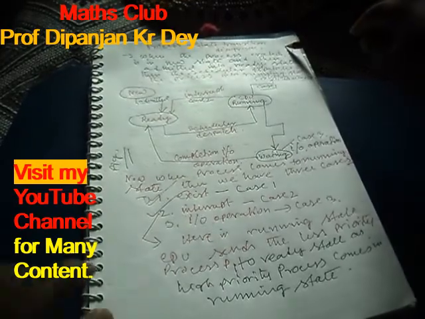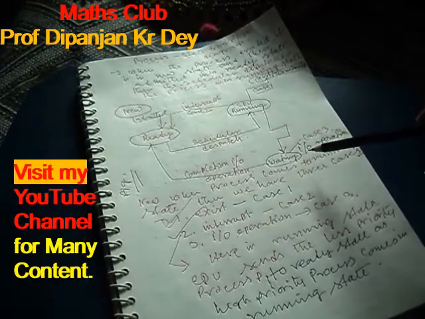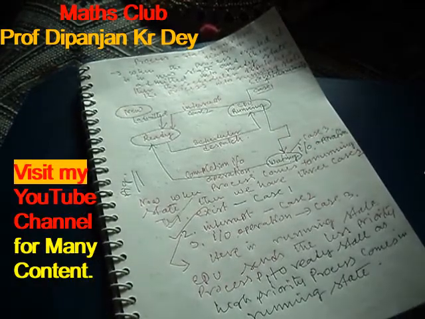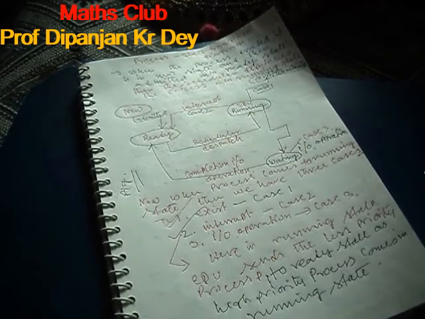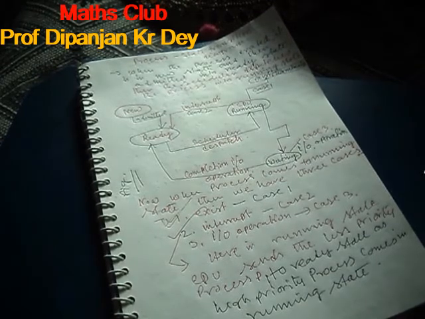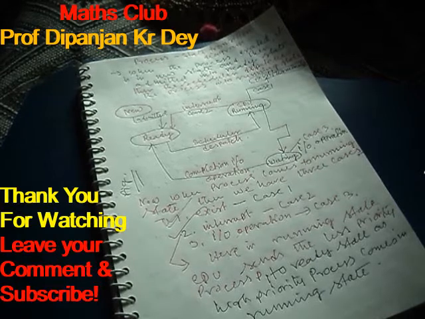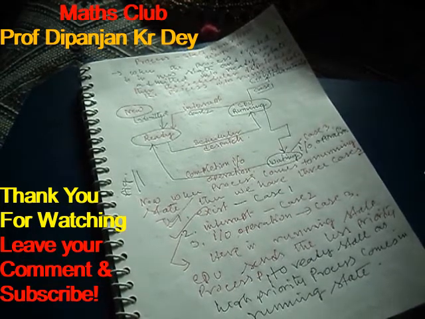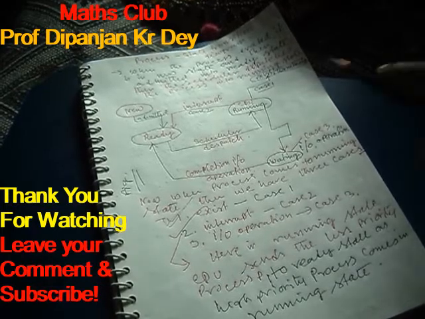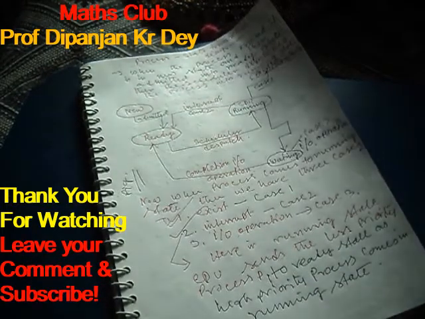The process needs some IO operation, like access to the monitor, access to hardware, read or write something, etc. This is the state transition diagram of the process.